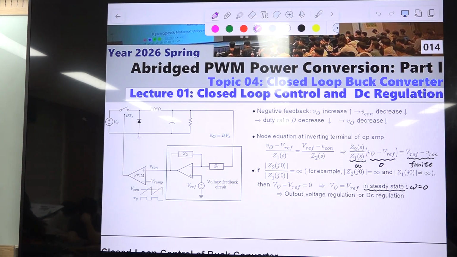First, consider this part is broken. There's a cut in the middle. Let's cut here, and some finite voltage of V con.